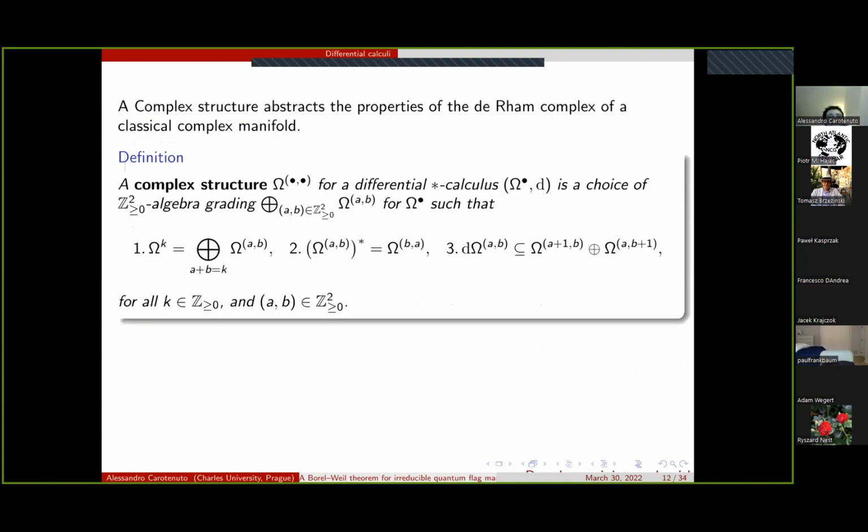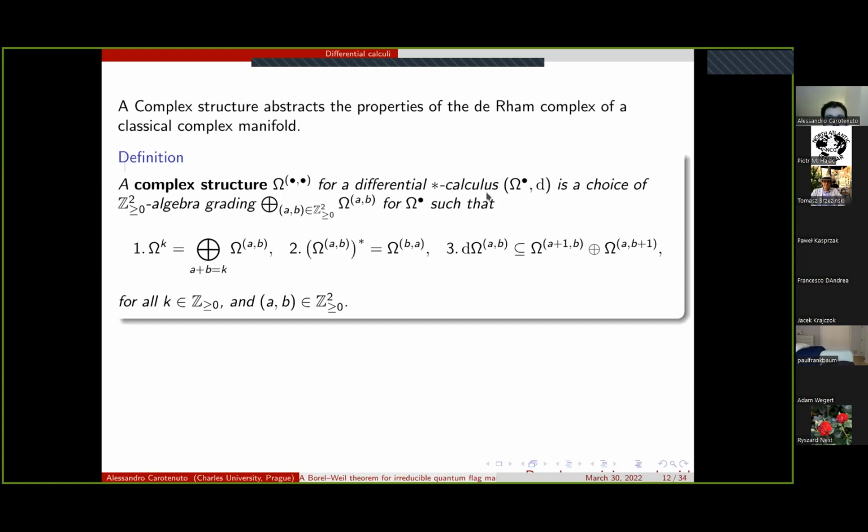Now for these objects, we can also give the notion of complex structure, which is a notion that abstracts the properties of the Dolbeault complex of a classical complex manifold. So a complex structure is nothing other than a refinement of the graded structure of a differential star calculus.